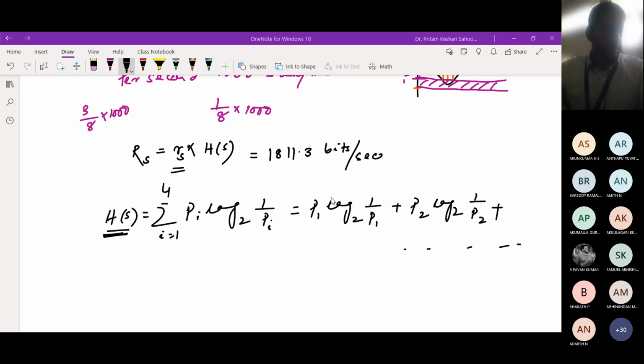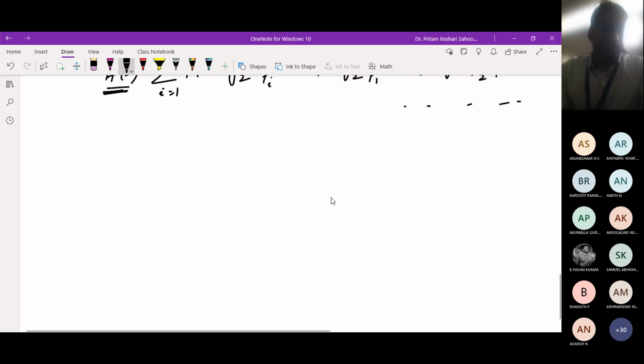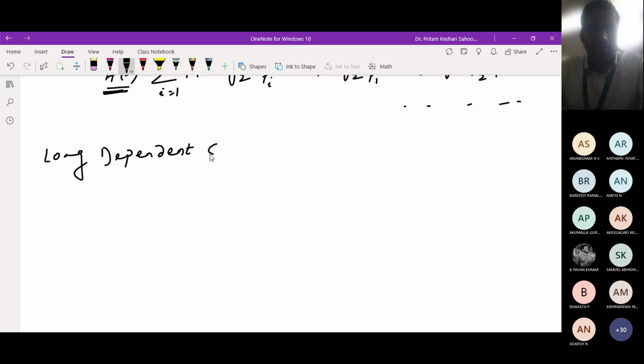Now, let us move to the next topic. So the next topic is long dependent sequence.